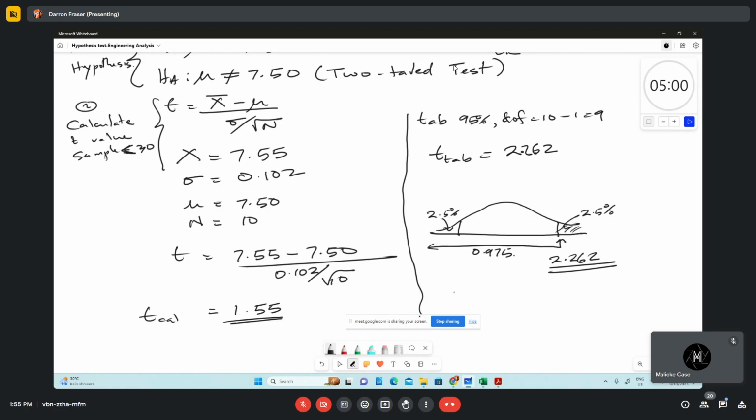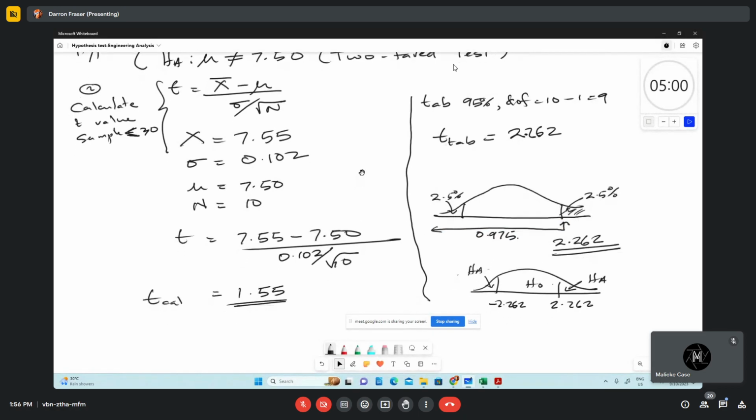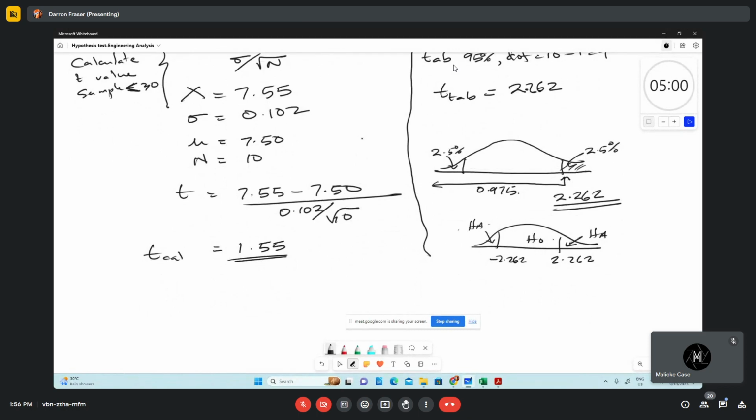So now, the calculated value, the borderline is 2.262, and this side is minus 2.262. And so this is where HA is. HO is in the middle. So now, for this, again, our calculated value lies in the HO region.